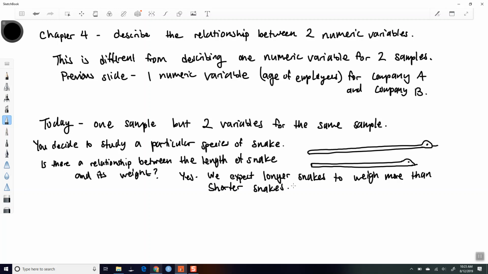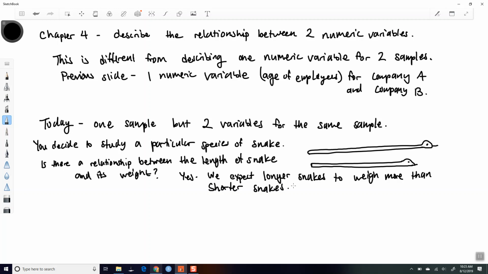For snakes maybe it's 0.9, and for humans the correlation between height and weight is 0.6 or something like that. We can describe how these things are related using more precise language.